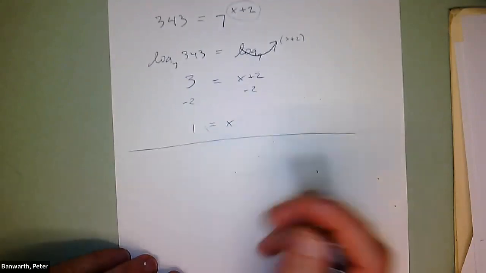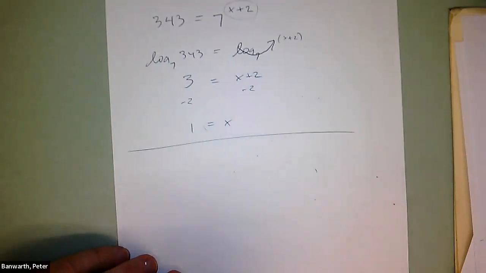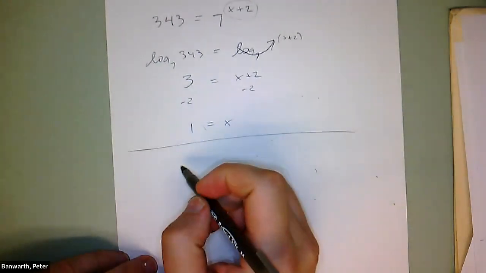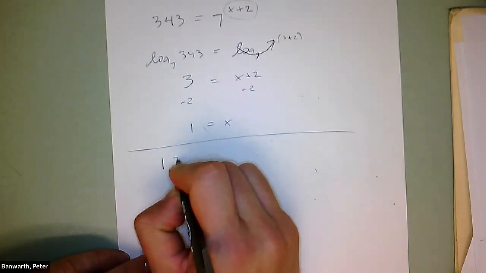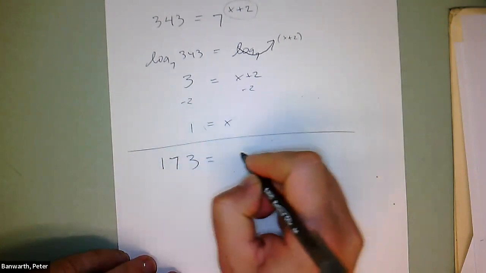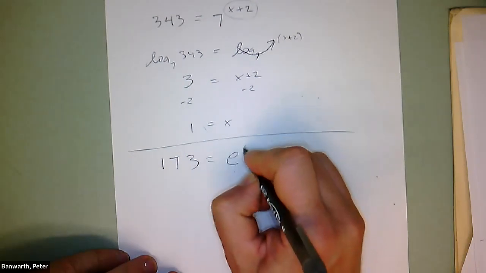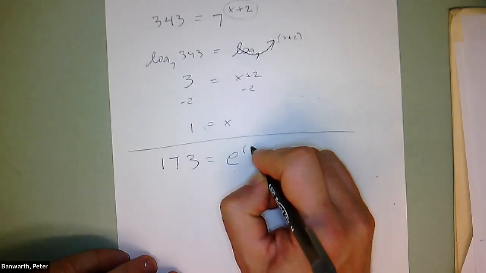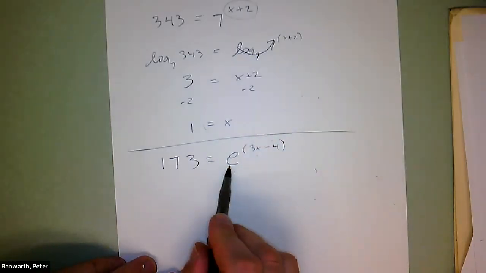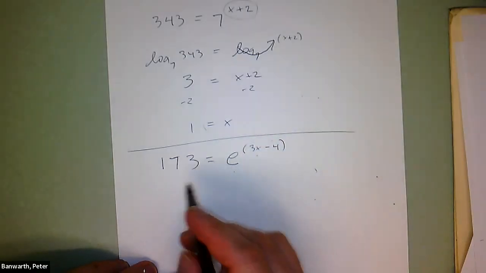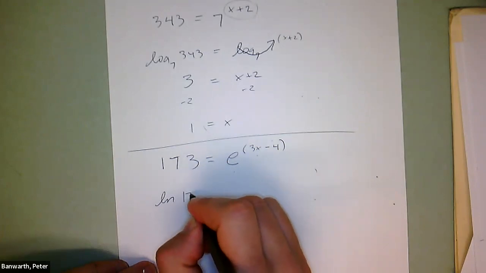I could have something like 173 is equal to e to the 3x minus 4. I see I have an exponential here with a natural base, so I'll take the natural log of both sides.